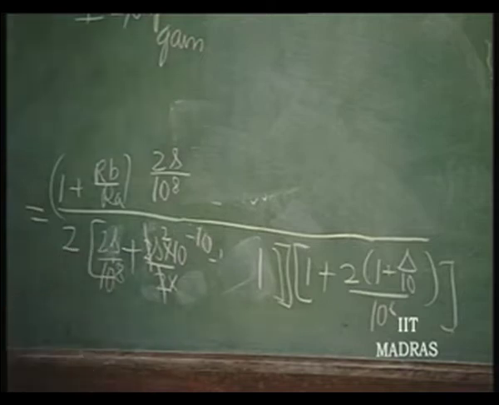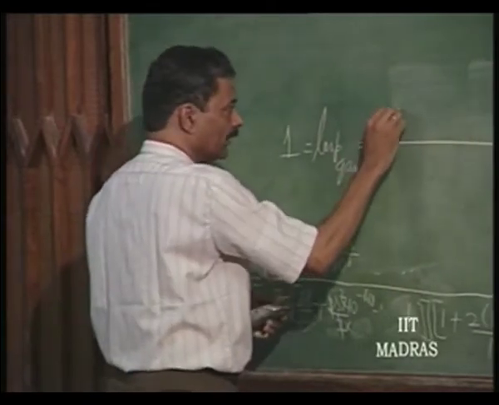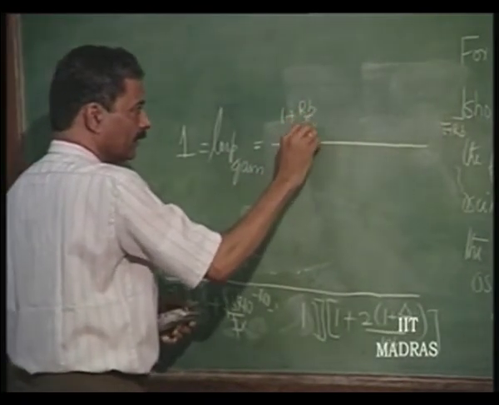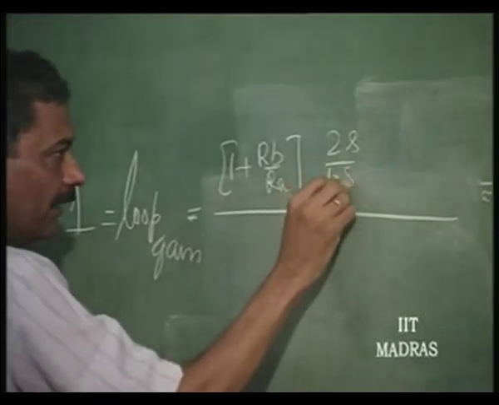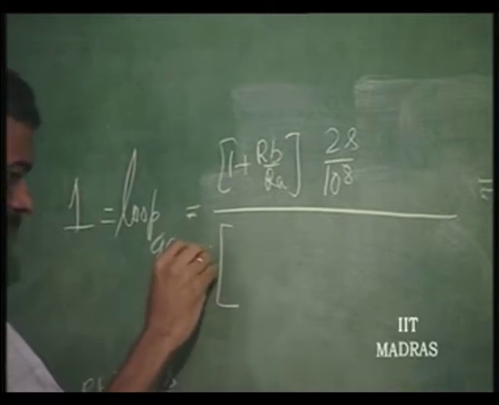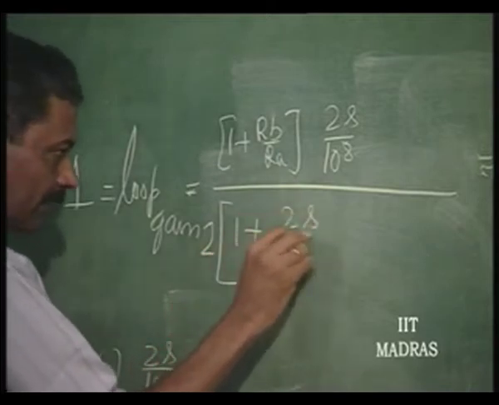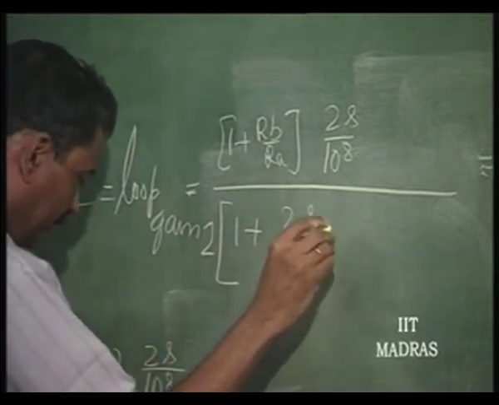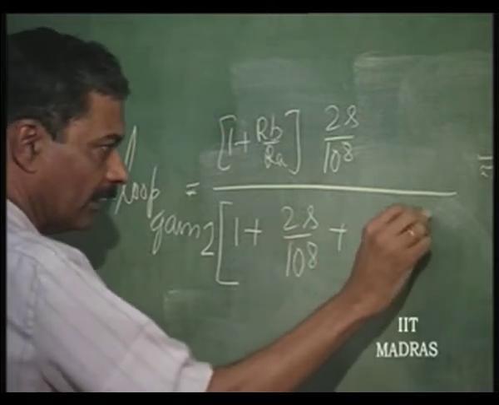So, this whole thing simplifies to, in the denominator, okay, this is going to be neatly written as 1 plus R b by R a into 2s by 10 to the power 8 divided by 2 1 plus 2s by 10 to the power 8 plus s squared into 10 to the power minus 10.